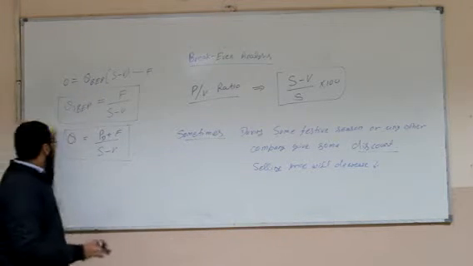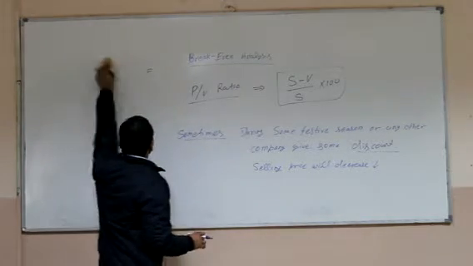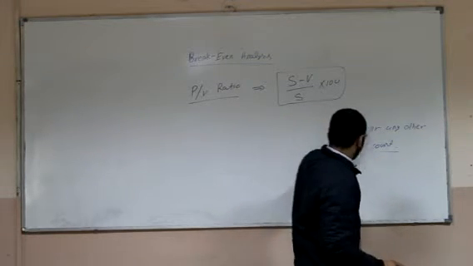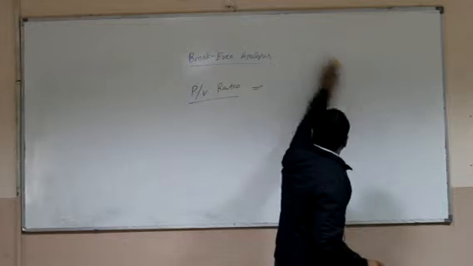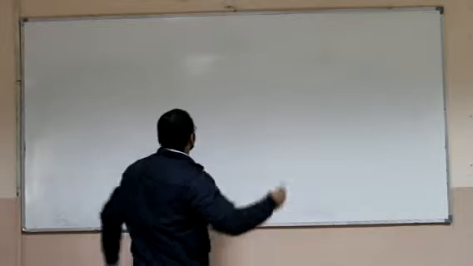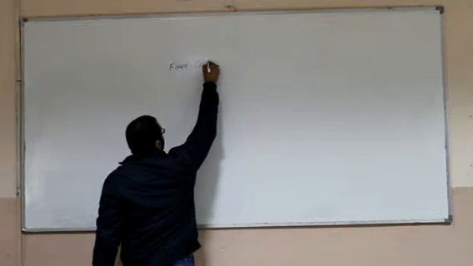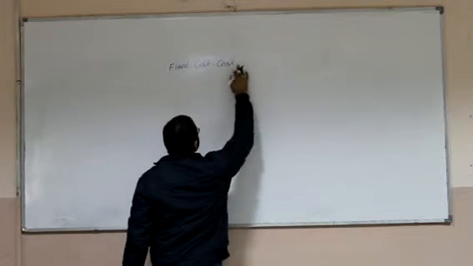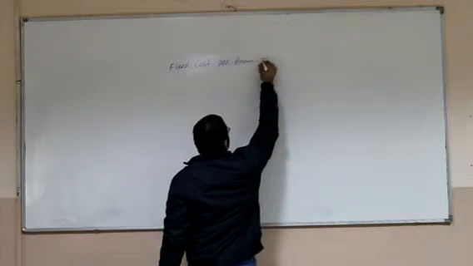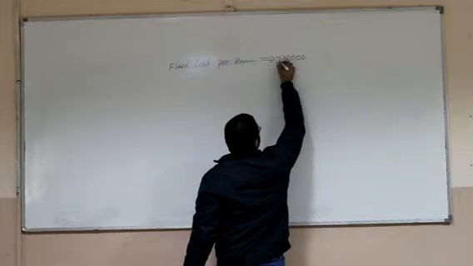The numerical is: a particular ABC company is selling a single product. The cost data is as follows. Fixed cost per annum is 16,000 rupees.